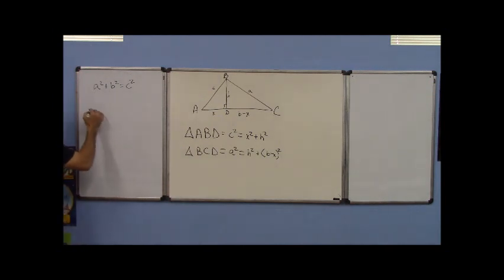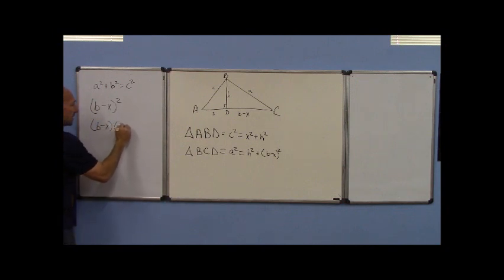So b minus x squared, let's come over here. b minus x squared is the same thing as b minus x times b minus x.